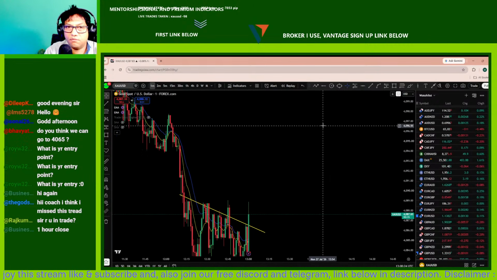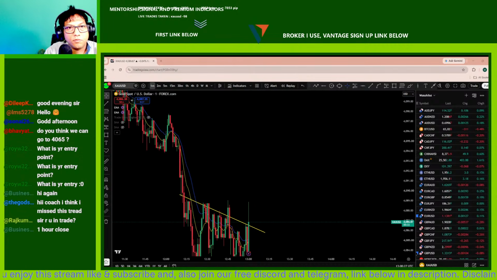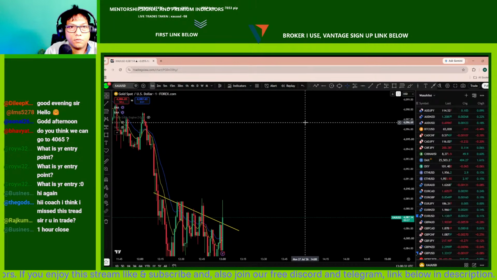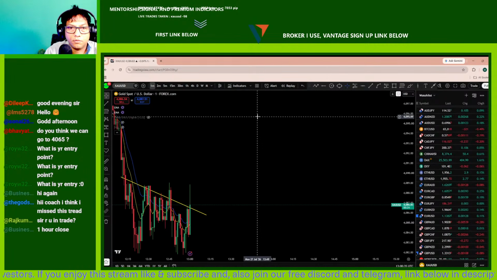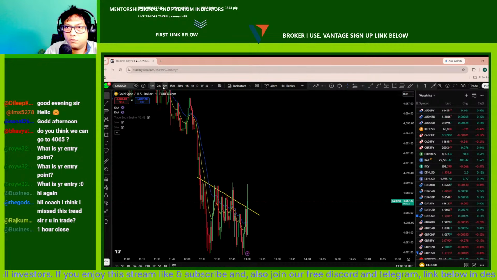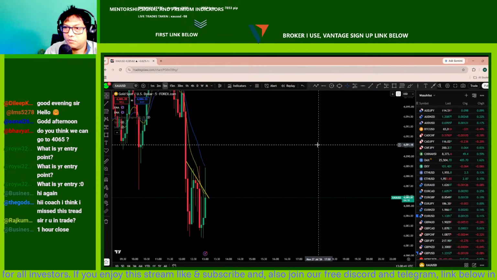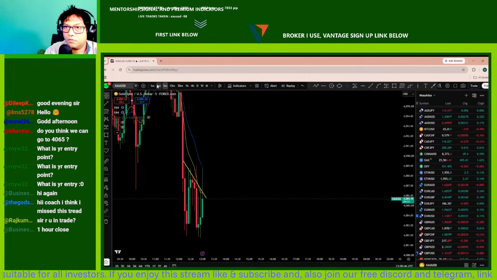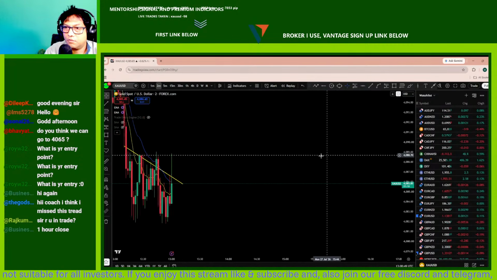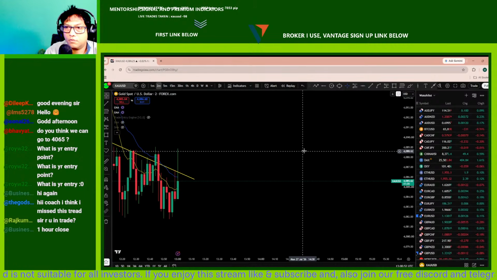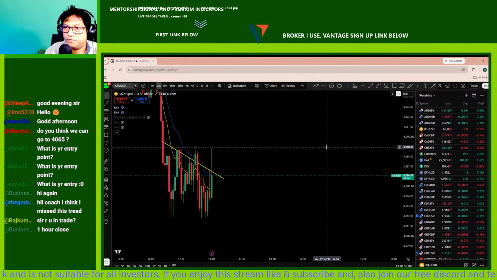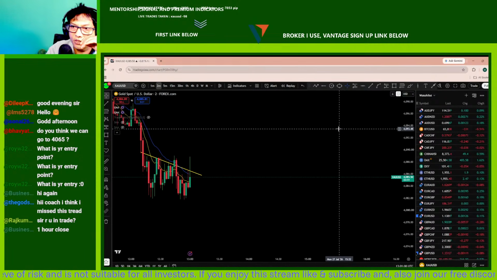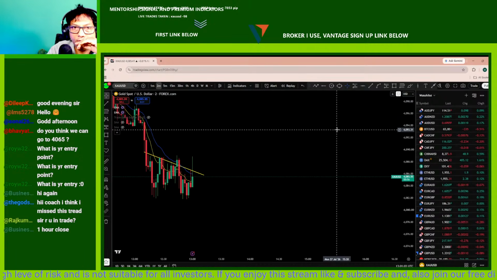It might grab that massive liquidity. I think it was a false breakout here, and that might trigger a further move in this market.